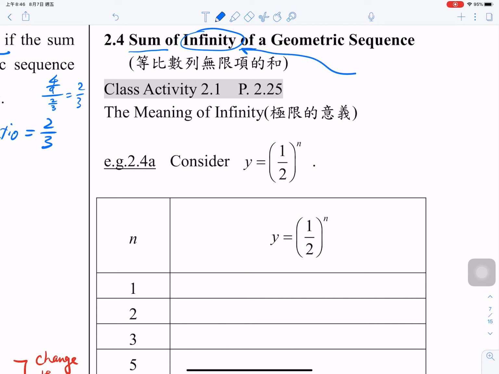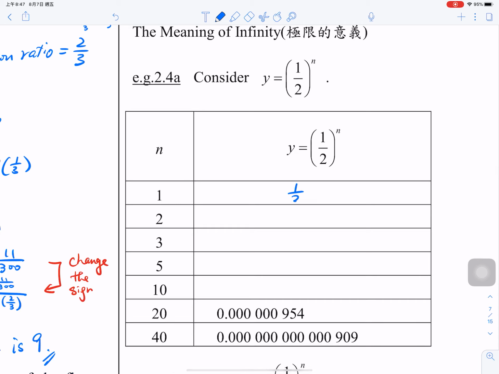Here, we consider a term y equals 1 over 2 to the power n. So when n equals 1, that means 1 over 2, which is 0.5. When n equals 2, that's 1 over 4, 0.25.